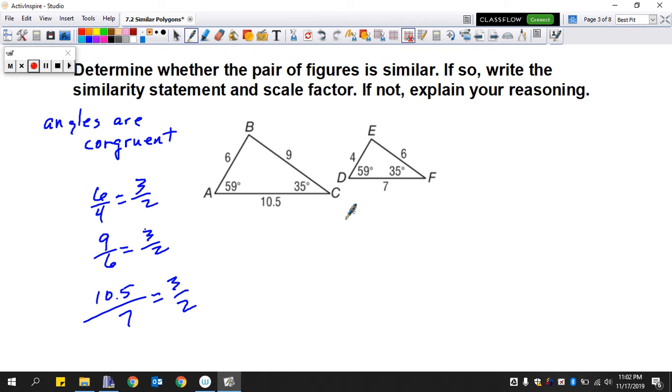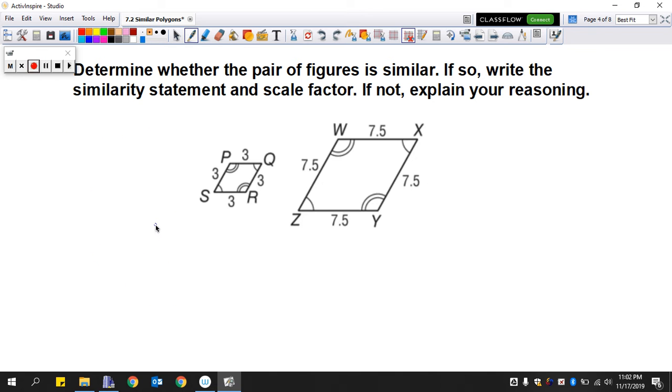So all three of the side lengths are proportional. So yes, they are proportional, and the scale factor is 3 to 2.